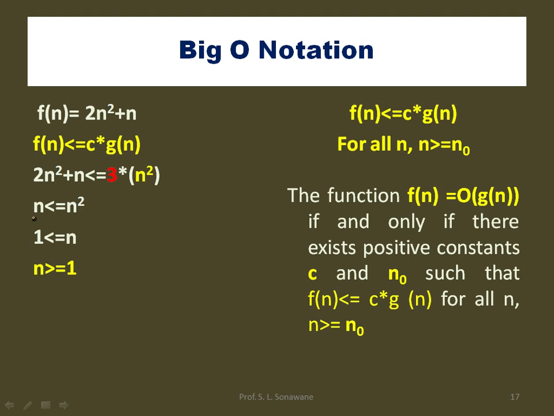Now again we will remove this n with this n. So on the left hand side only 1 will remain, and on the right hand side only n will remain. So 1 is less than or equal to n. The same thing we can write as n is greater than or equal to 1.